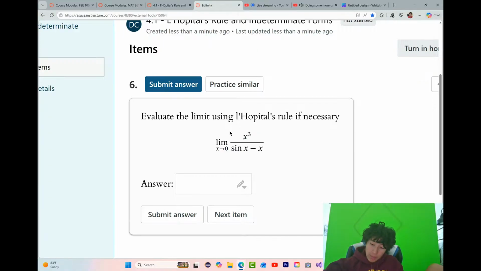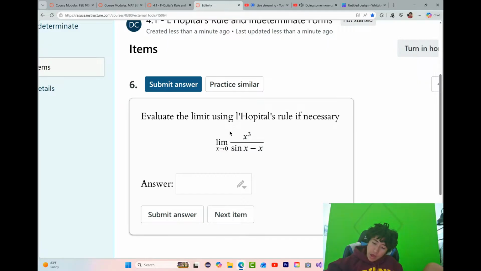So we have the limit as x tends to 0 of 6x over negative sine of x. Sine of 0 is 0, so we still have 0 over 0 and apply L'Hopital's rule again.